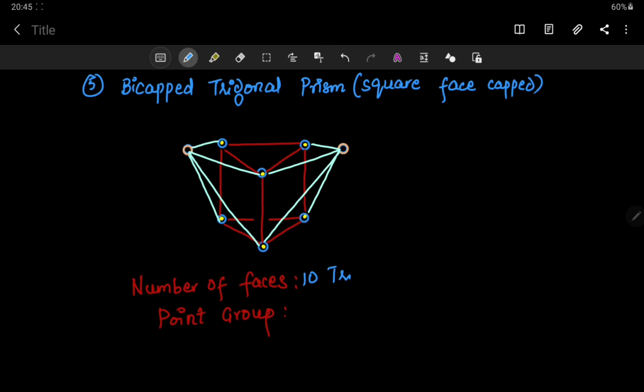Altogether it makes 10 triangular faces plus 1 square face. And this is a C2 axis that can be passed. The point group is C2v.